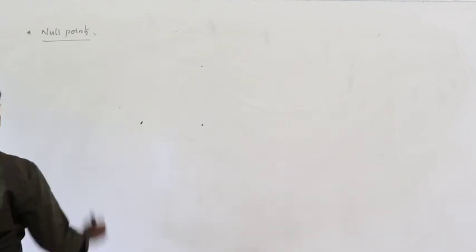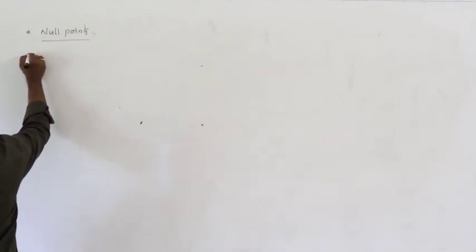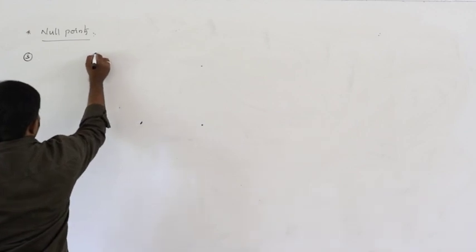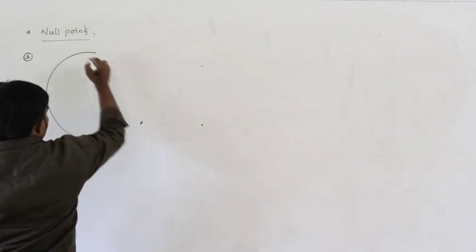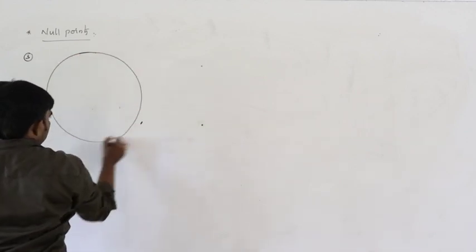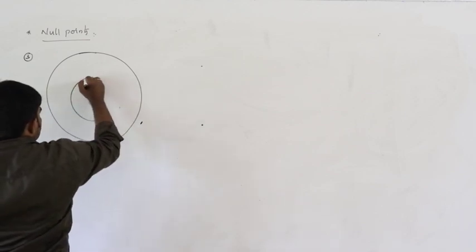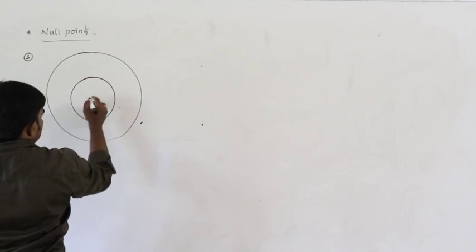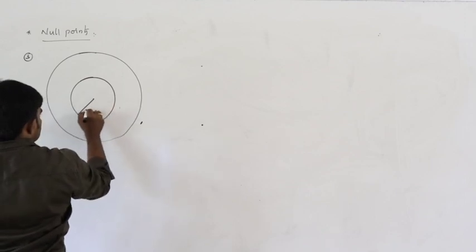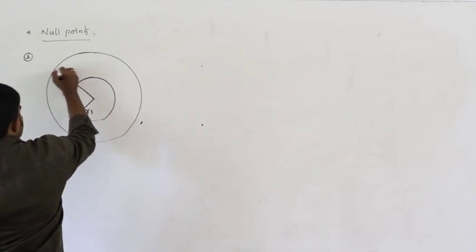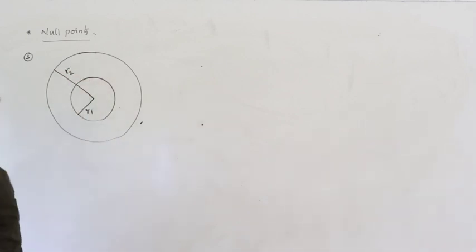Next, one more situation, in this third situation. Let us say it is one circular current carrying conductor, and this is another circular current carrying conductor. Let us say its radius is R1, and its radius is R2.